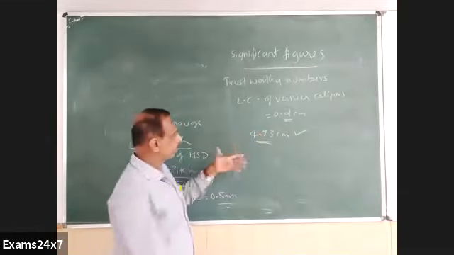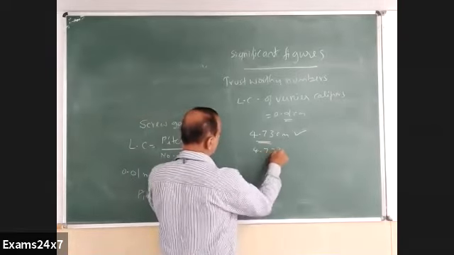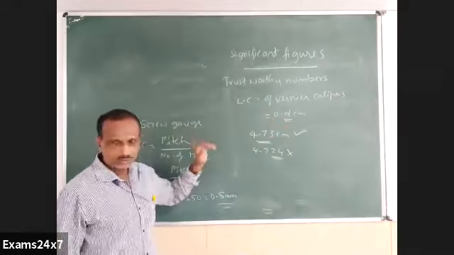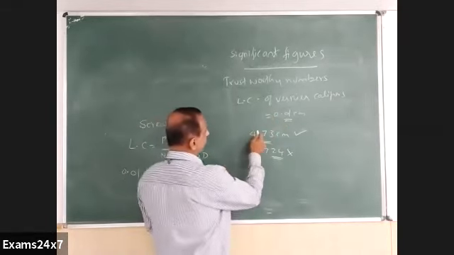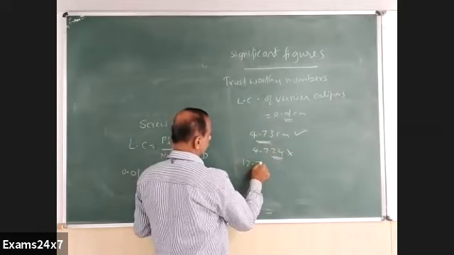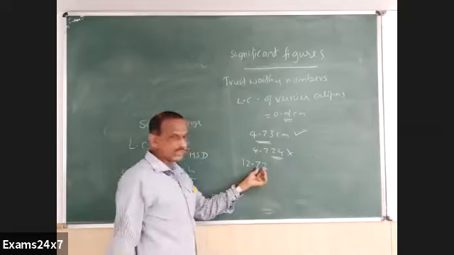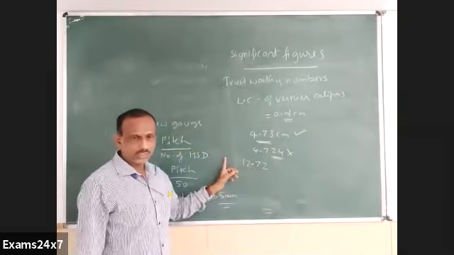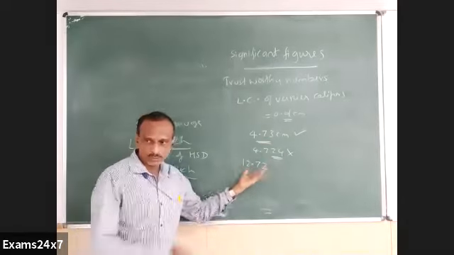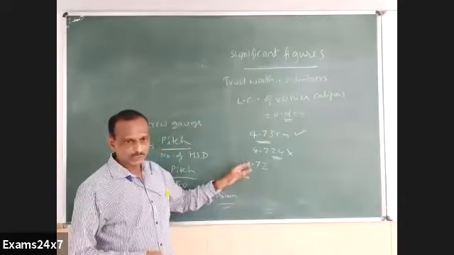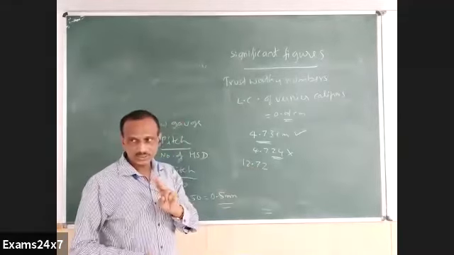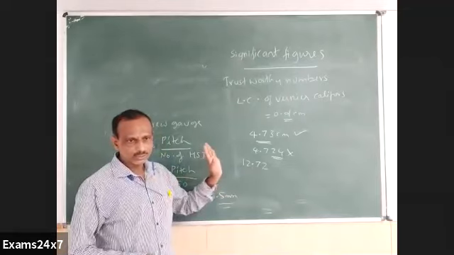Clear? You cannot write 4.724 etc. It is wrong. You can have only 2 digits in the decimal part. It may be 4.73 or maybe 12.72 etc. Two numbers in the decimal part are allowed here, so maybe 3 or 4 significant figures are possible when you take vernier calipers readings. But the definite thing is that in the decimal part you can have only 2 digits, not more than that in any case.